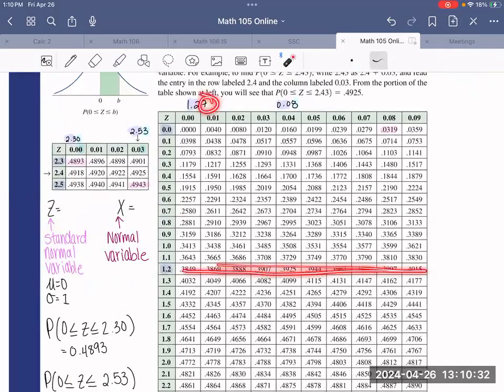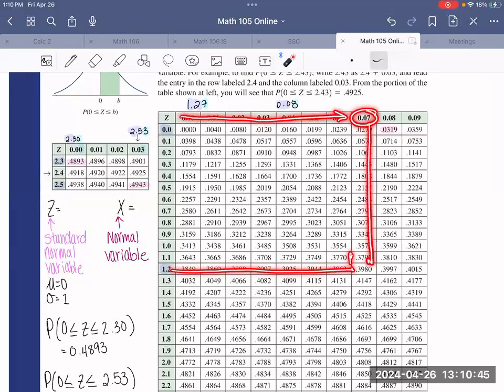Now we're looking at the 7. So in this row here, we're going to look to where we see a 7 all the way over here. So that's your 7, and we're going to scroll down until we meet up.